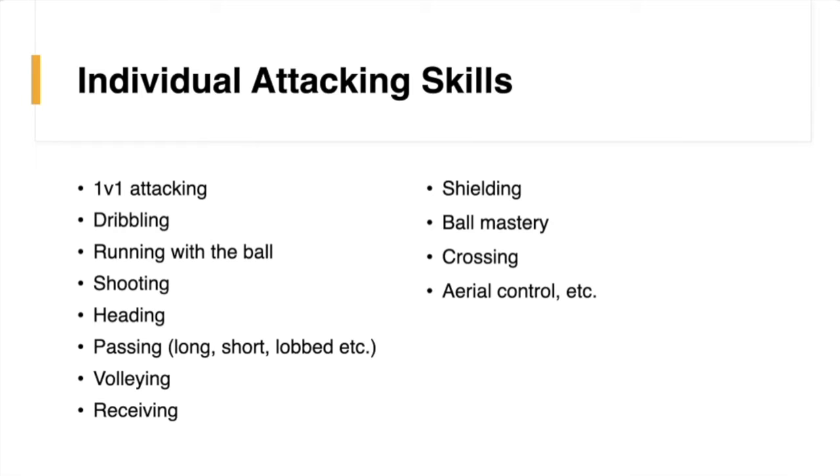The technique in using your foot is totally different between running with the ball and dribbling. In dribbling, you might see more touches with the side of your feet because you're changing directions fairly frequently. Whereas running with the ball, you're probably using more of your laces and pointing your toe to the ground, so you're pushing it and also getting your speed up at the same time.